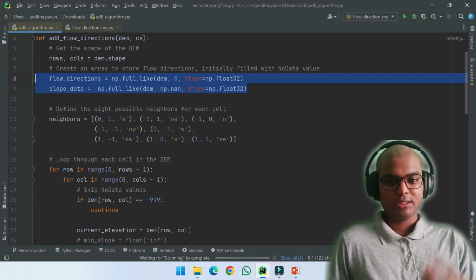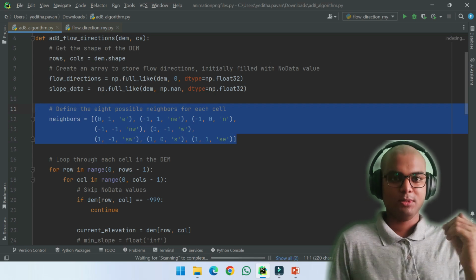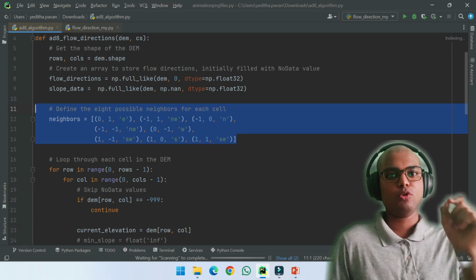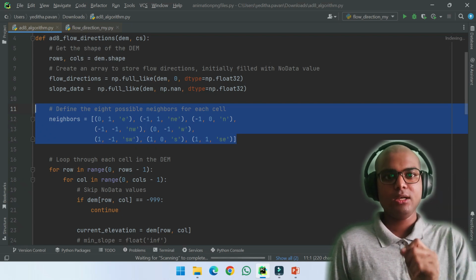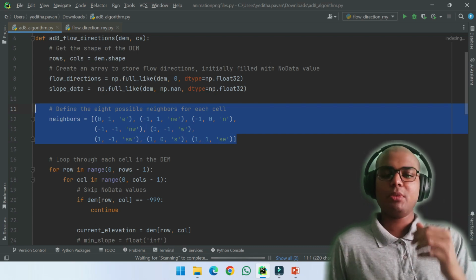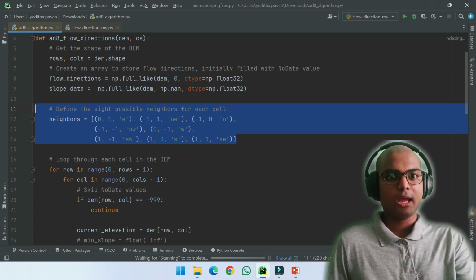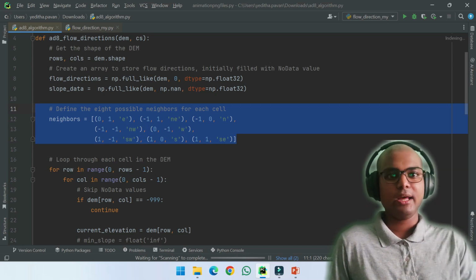So once we have created the datasets, the next thing of importance is the possible directions. If you remember, in the earlier section we discussed north, south, west and east and the other 4 diagonal directions. Here we will see what each direction is numbered as. Based upon the D8 algorithm, I am numbering east as 1 and going anti-clockwise to determine the direction numbers.